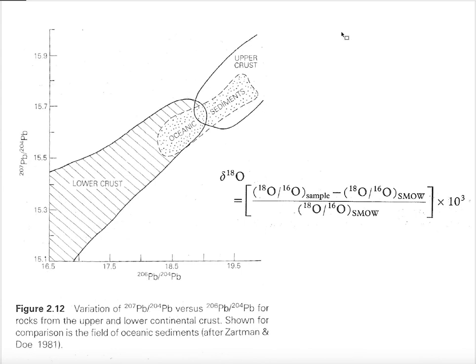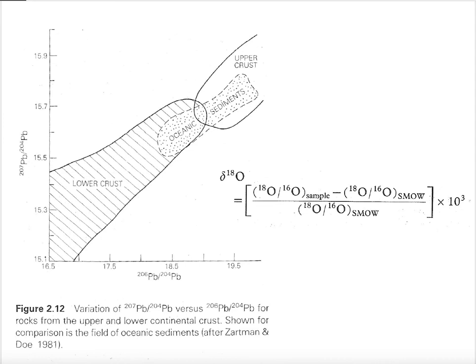Here you have the oxygen 18 to oxygen 16 ratio of your sample, and then you can calculate your delta, or your oxygen isotope values, and see how far it varies from your standard mean ocean water.